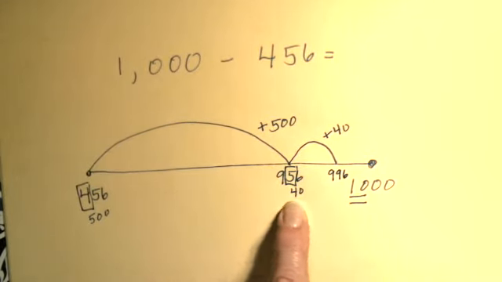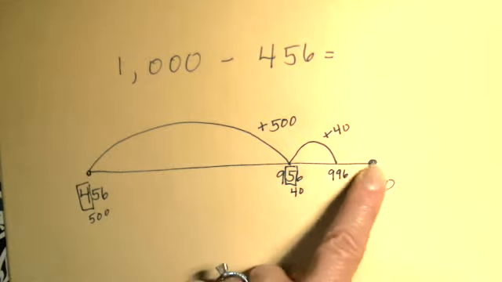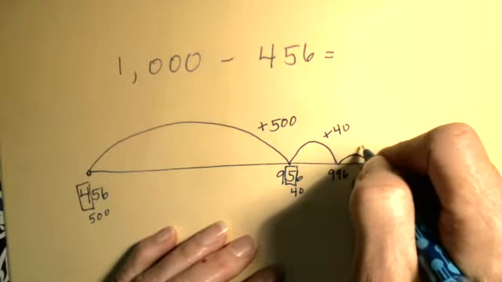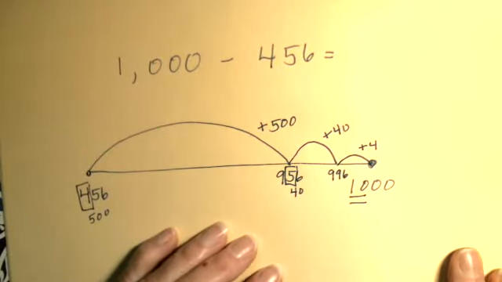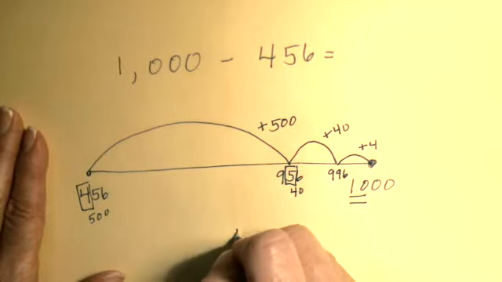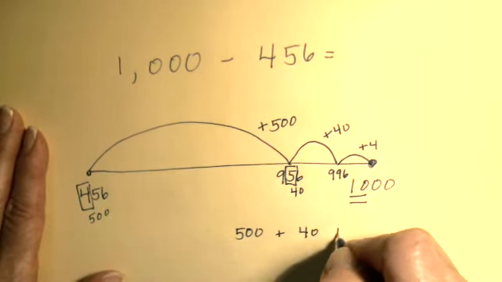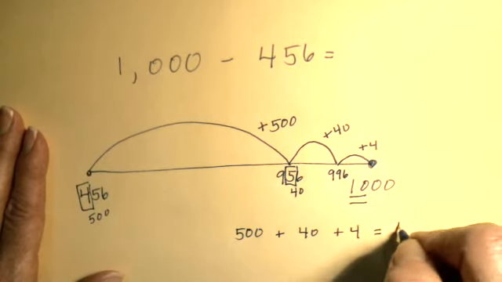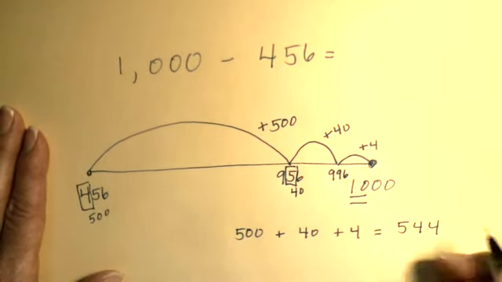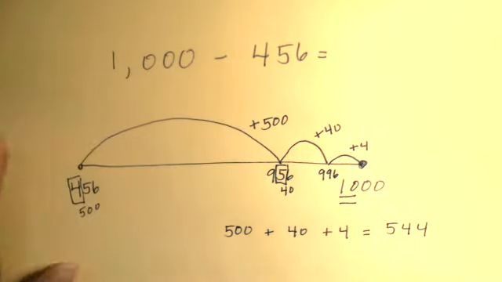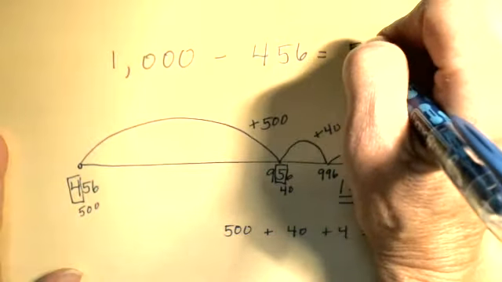Now I'm only 4 away from 1,000: 97, 98, 99, 1,000. Now I have to add the 500 plus the 40 plus the 4, which equals 544. 1,000 minus 456 is 544.